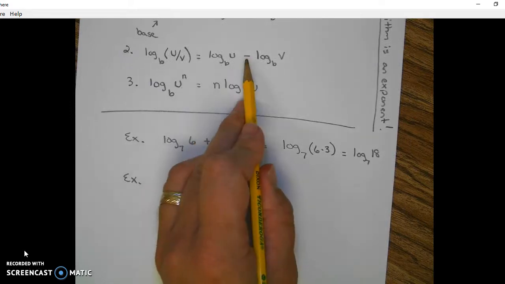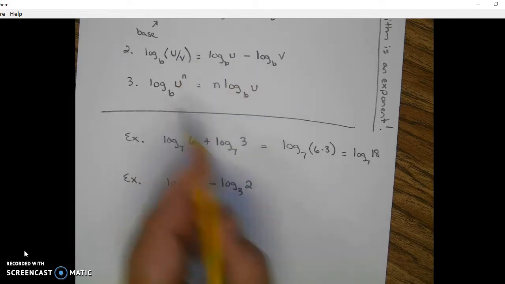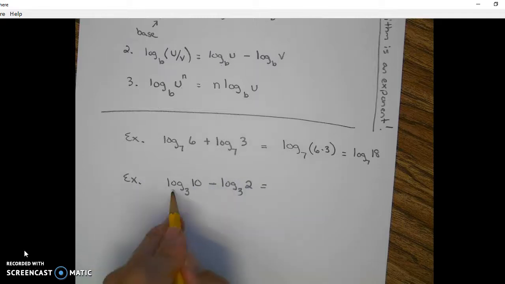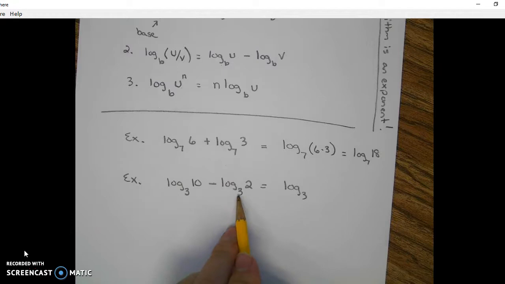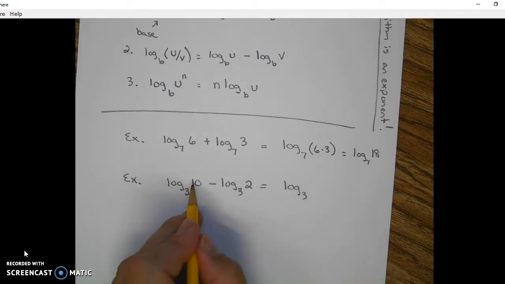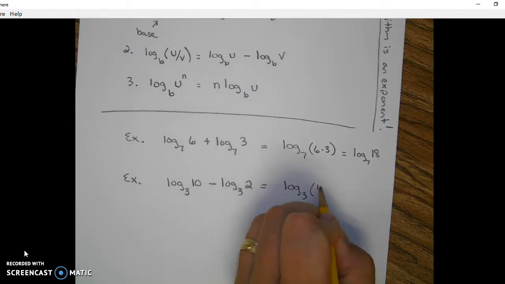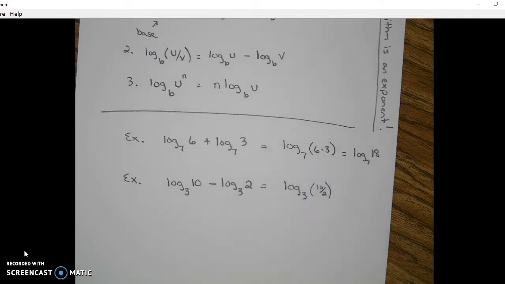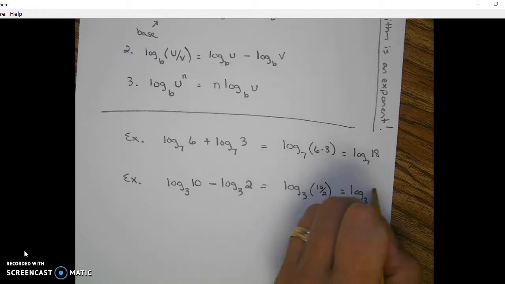So we go up here to the property, we look over here, and it tells us to divide the arguments, condensing it down from 2 down to one logarithm. Remember, the base has to stay the same. We have 10 divided by 2, which is log base 3 of 5.